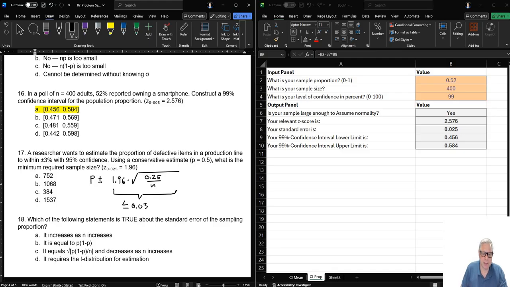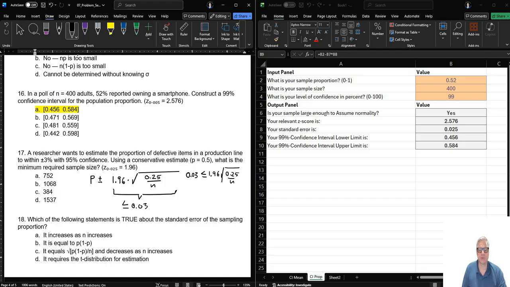So we can write 0.03 has to be less than or equal to 1.96 times the square root of 0.25 over n, and we want to know the n.